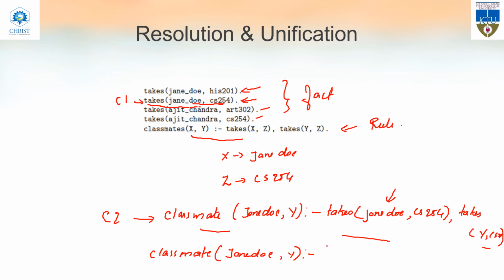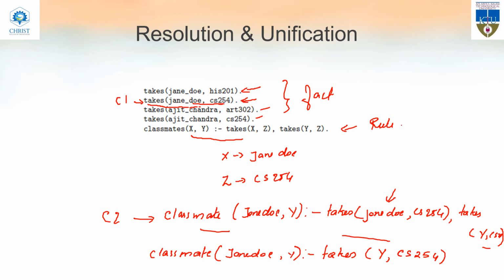And it will be equal to takes of Y, comma, CS254. So this is called what? Resolution. Okay, so you have applied the rule and you have resolved this classmate J Indo, comma, Y into a smaller one.